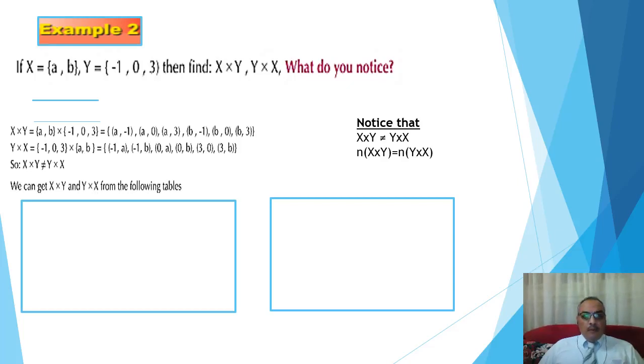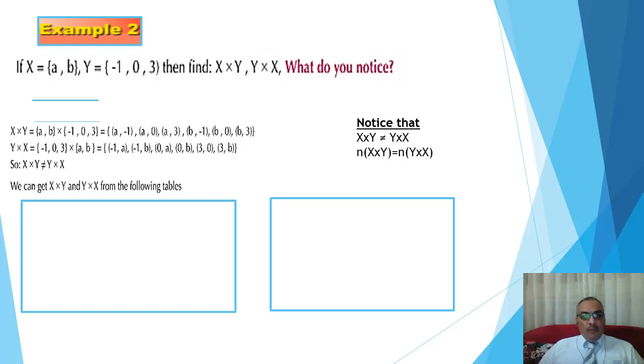Is the ordered pair A, negative 1 equal to the ordered pair negative 1, A? No. Why? The first here is A, the first there is negative 1. So one ordered pair starts with A, the other starts with negative 1. The two are not equal. So the product XY is not equal to the product YX.